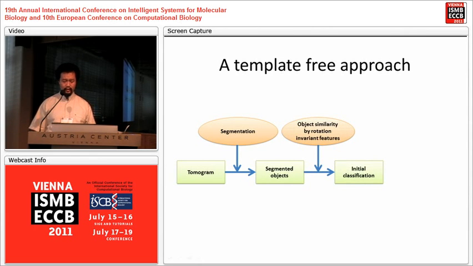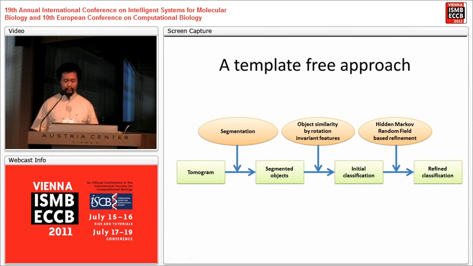Then we compute rotation invariant image features and combine these features to determine the similarity between the segmented objects, and perform clustering to obtain an initial classification of such objects. Then we further use a hidden Markov random field approach to perform a voxel level classification refinement.